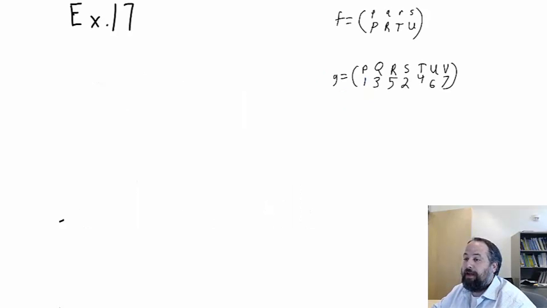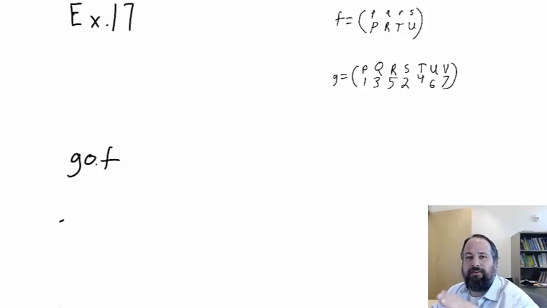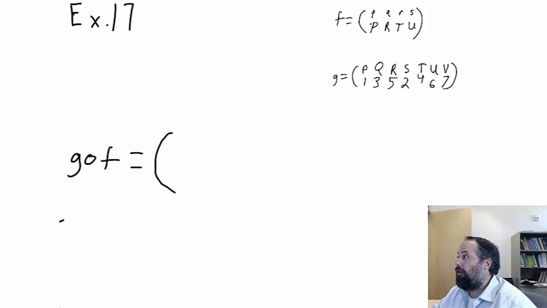Now we need to define g of f. By the way, in your book, they tend to leave off the O, that of symbol, either way. So first we have to take a look at f. So f maps lowercase p to uppercase P, which over here maps to 1.